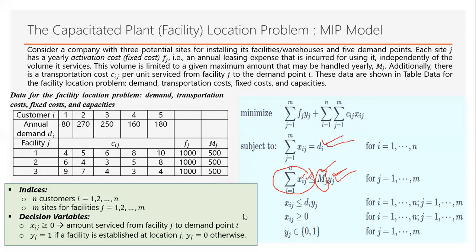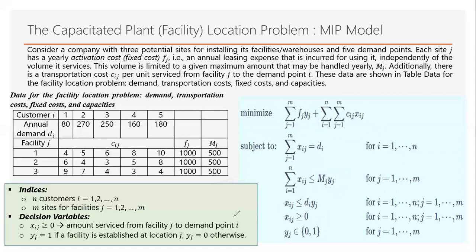And the last constraint is that if the jth facility is used, the quantity which we are sending from the jth facility to i must be less than or equal to the demand of i. And in the end, we have a non-negativity constraint.